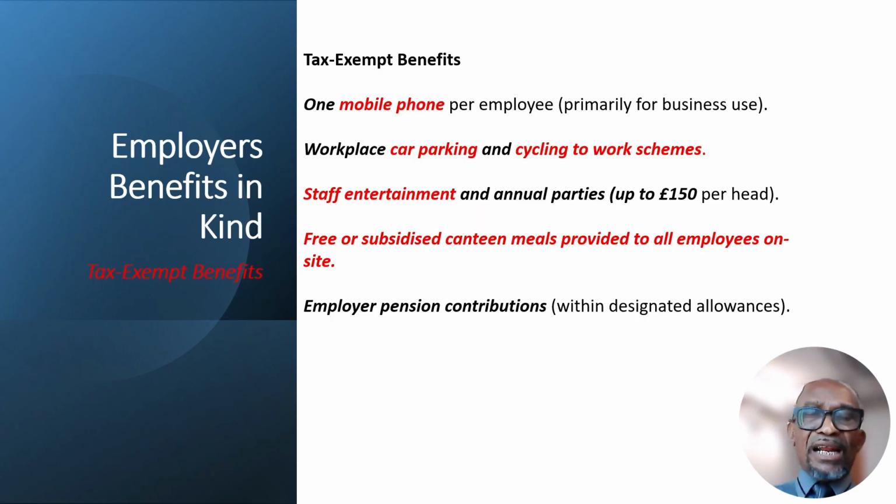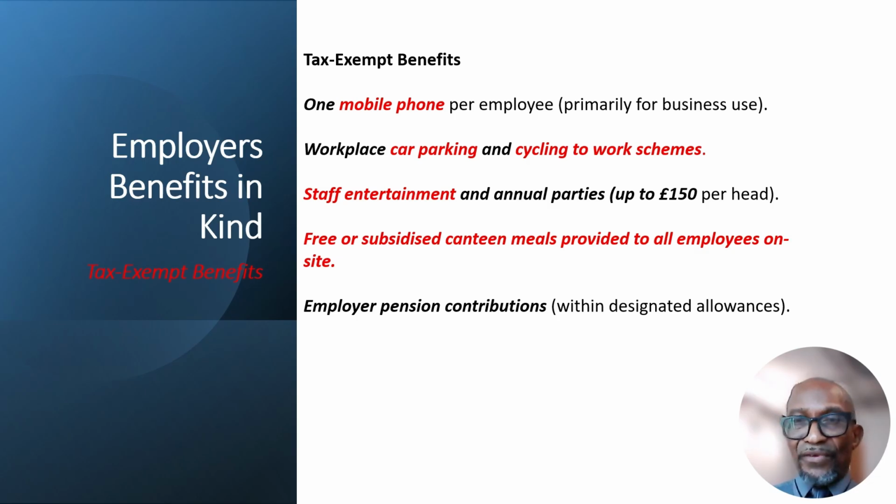Having said that, there are what we call tax-exempt benefits. Tax-exempt benefits are, for instance, a mobile phone per employee primarily for business use, workplace car parking or cycling to work scheme, and staff entertainment, such as the annual party. For instance, we go to a Christmas party by the institution, but it's limited to 150 per head.